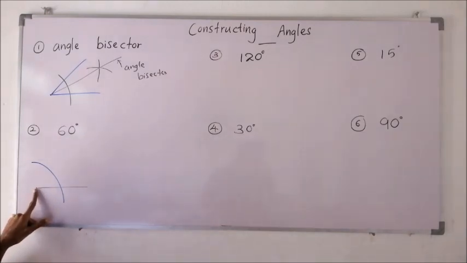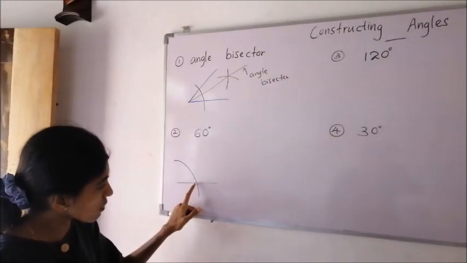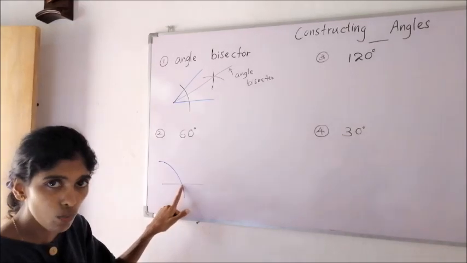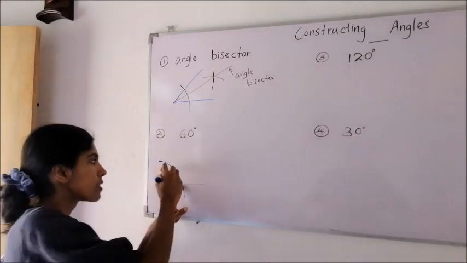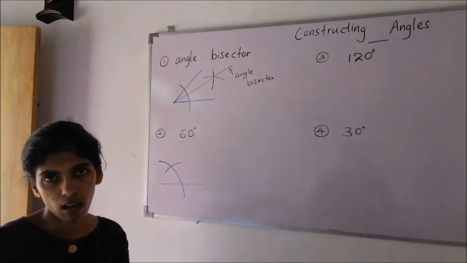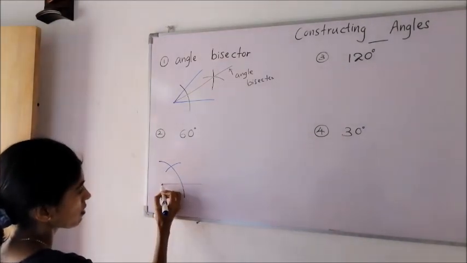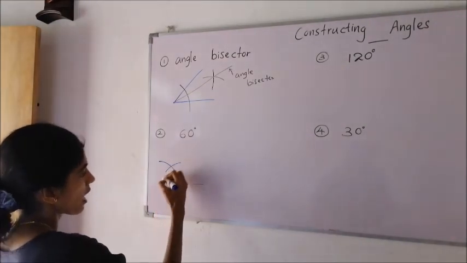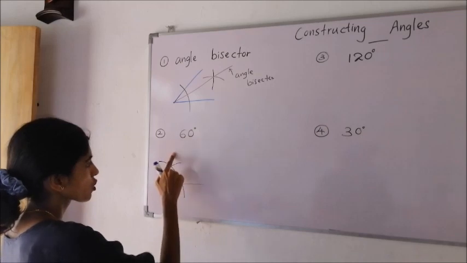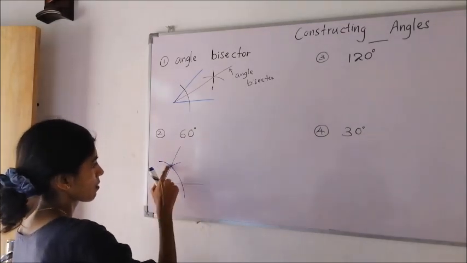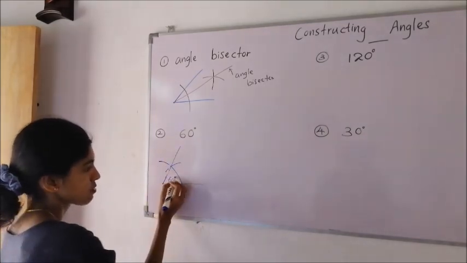Remember, don't change the length that you took earlier. Go to this newly formed point, then cut the previous arc. Now the starting point and this newly formed point should be joined. This is 60 degrees.